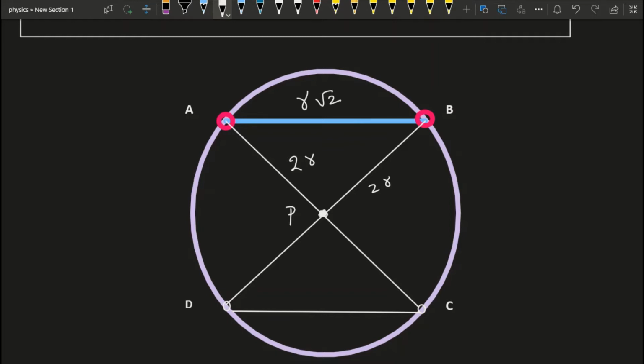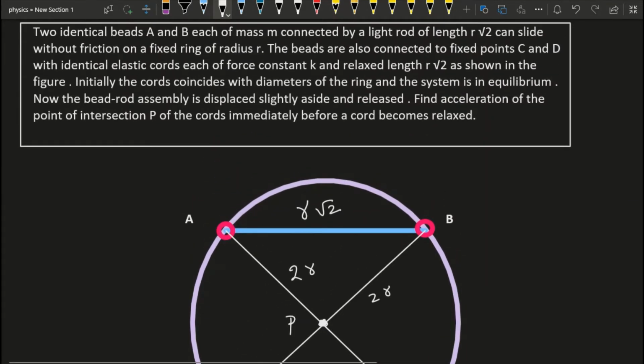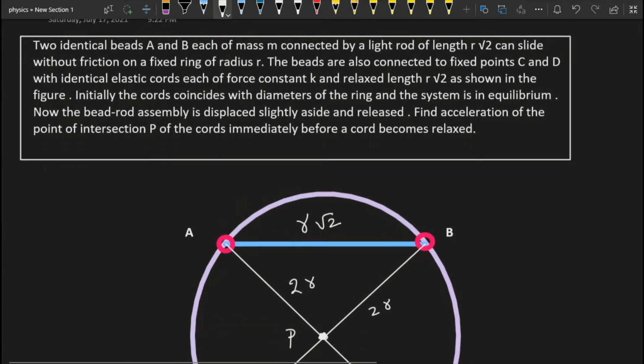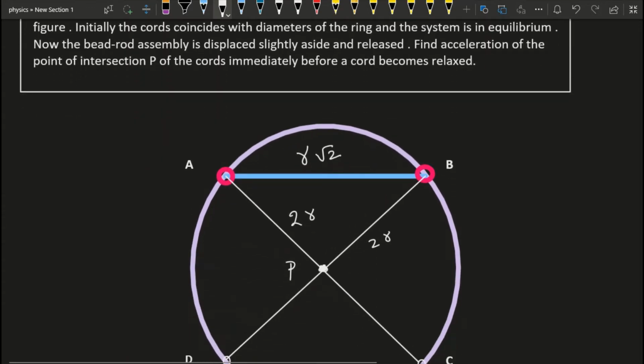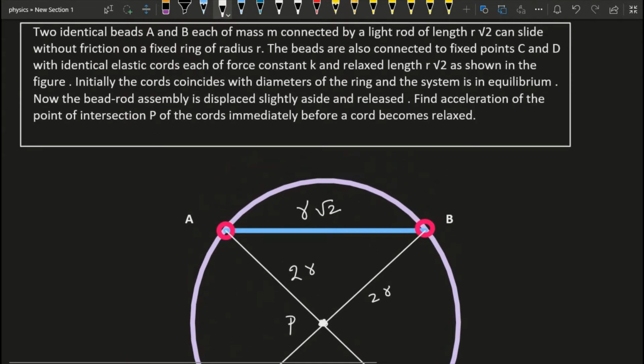Now let us see what will happen when we slightly displace the system. So that means here two beads are there, they are in equilibrium in this situation. If we slightly displace the rod, then what will happen? Immediately the beads A and B will start sliding on the ring of radius r.